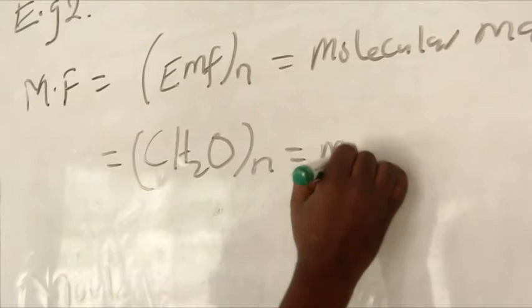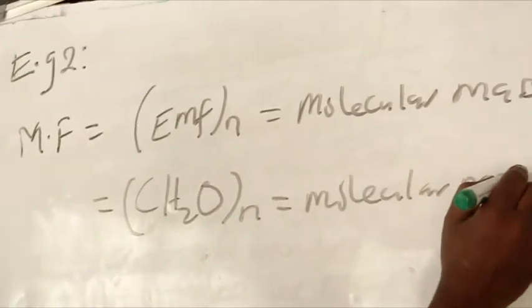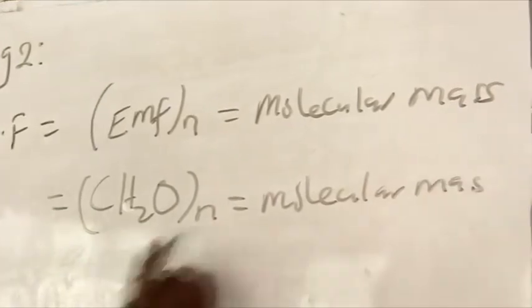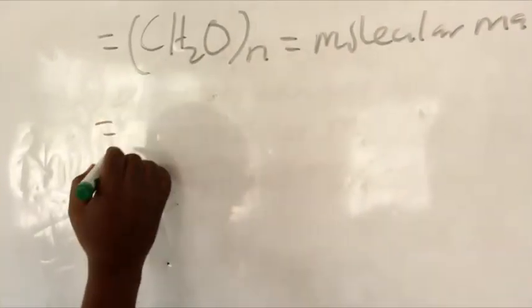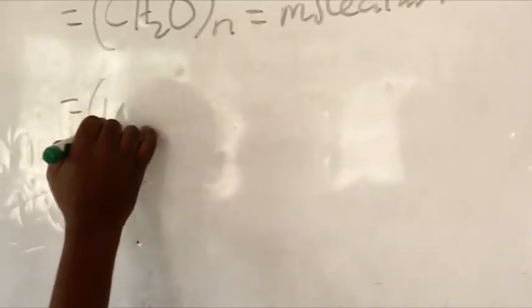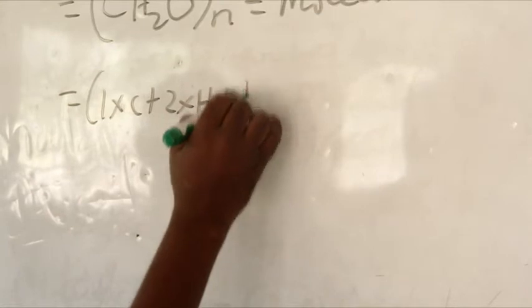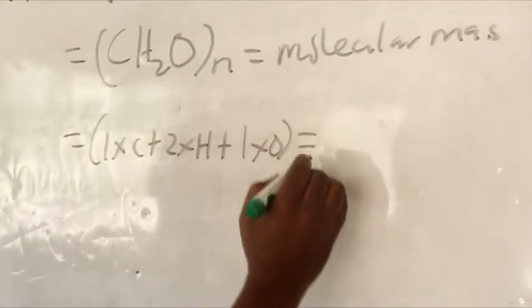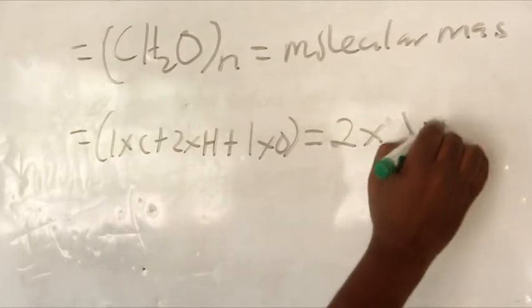And this is the molecular mass. So you expand this. This is 1 times C plus 2 times H plus 1 times O, n, equals 2 times the vapor density, the VD.